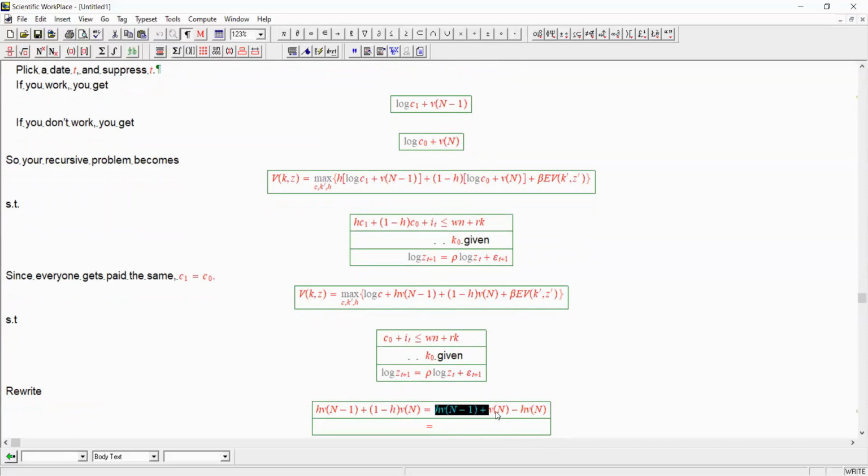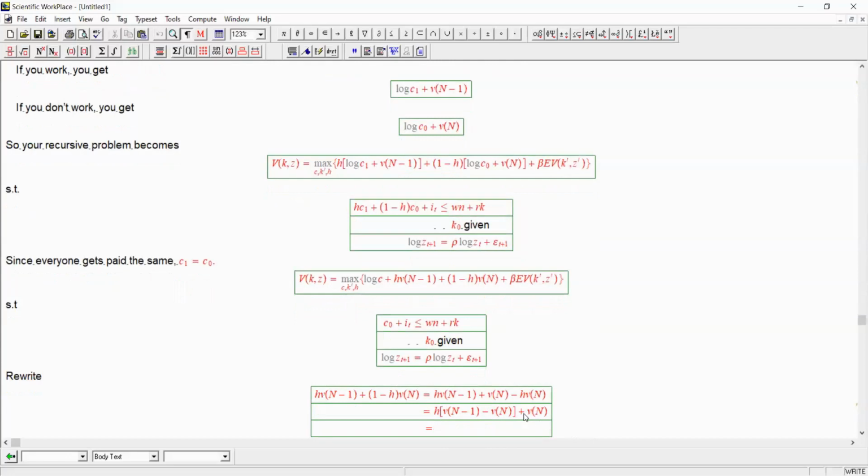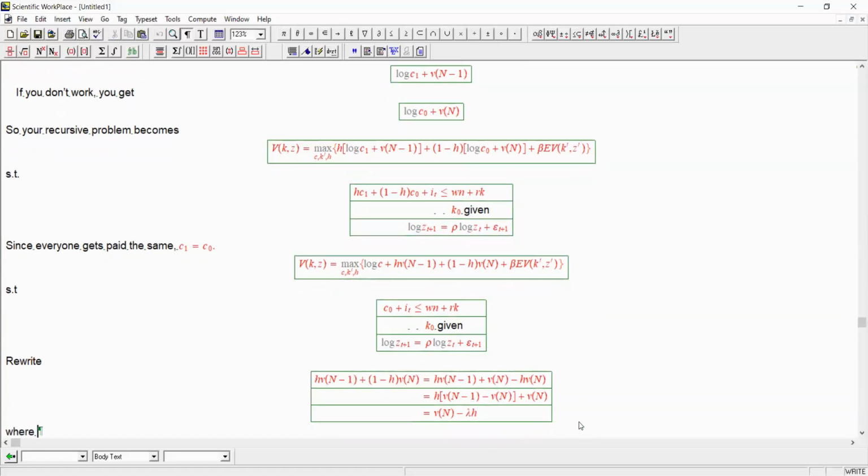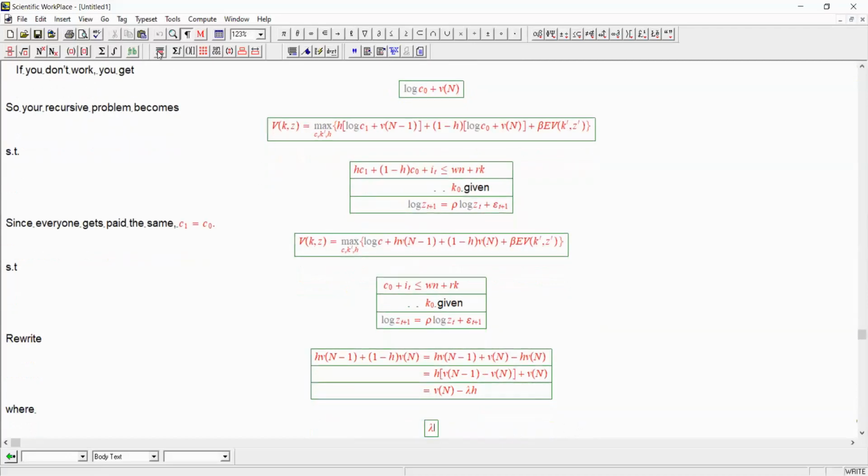That's equal to, pull out the h, this, and if you define this, notice, to be a constant, because it is, this is just a number, and this is just a number, this becomes Vn minus some lambda h, where, of course, lambda is that constant.